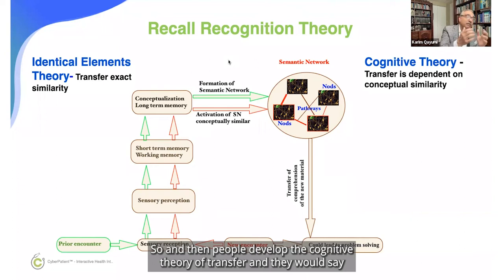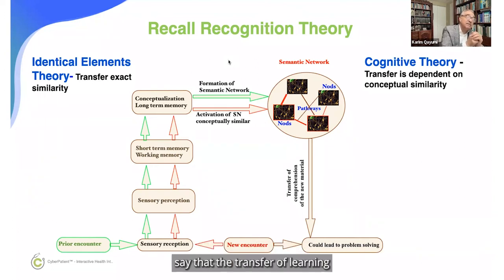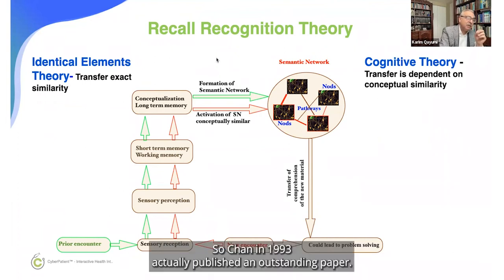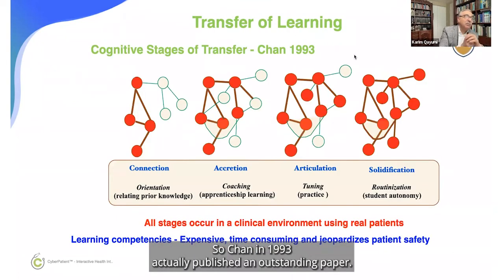And then people developed the cognitive theory of transfer, and they would say that the transfer of learning is not based on identical similarities. It's based on conceptual similarities. So Chan in 1993 actually published an outstanding paper.